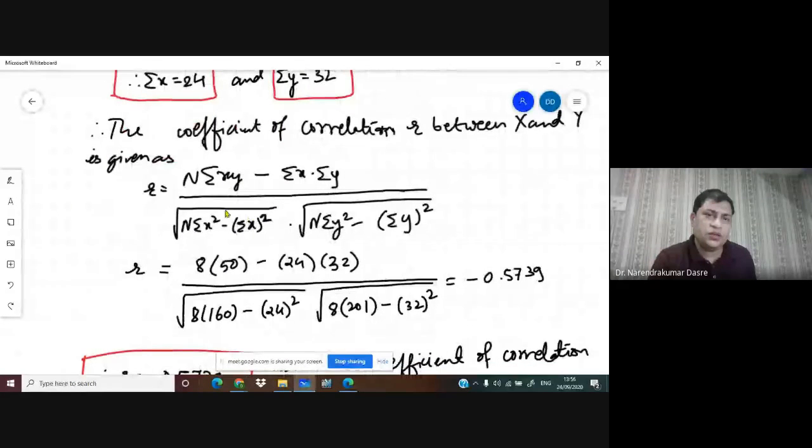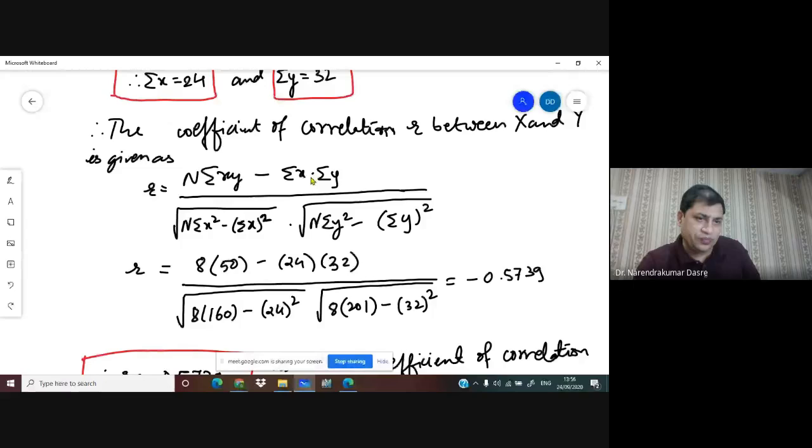So here we need to be careful that if this small x is about the exact mean deviation, then it will always be 0. If it is about the assumed mean deviation, then it will not be 0. That's why in other examples I have considered the actual mean deviation, which is going to be 0.